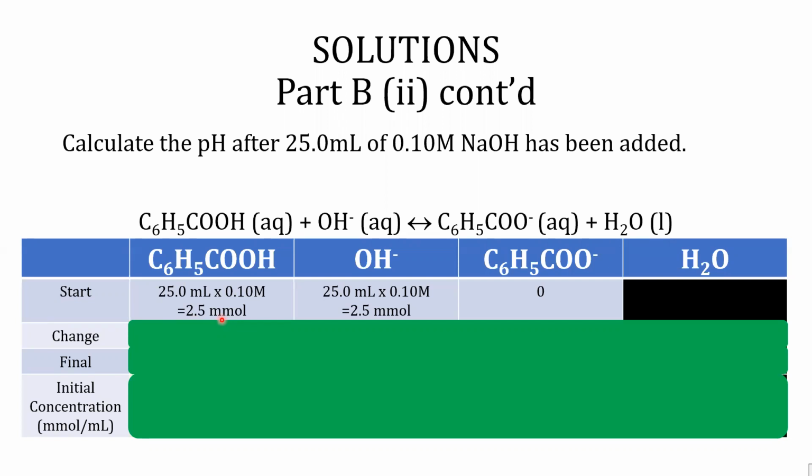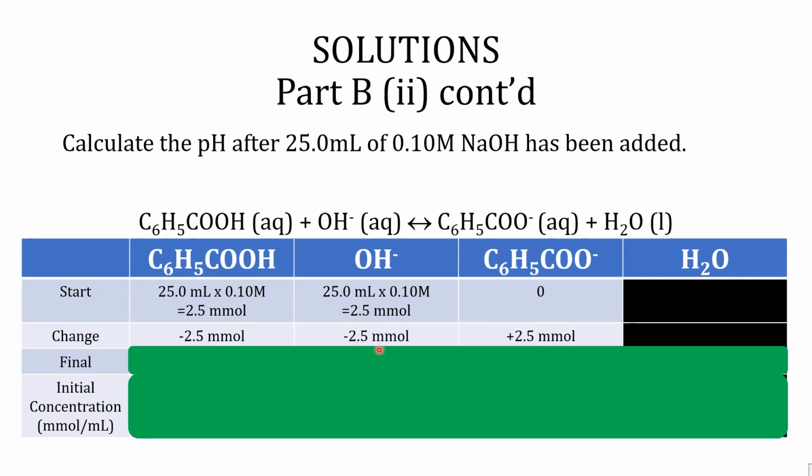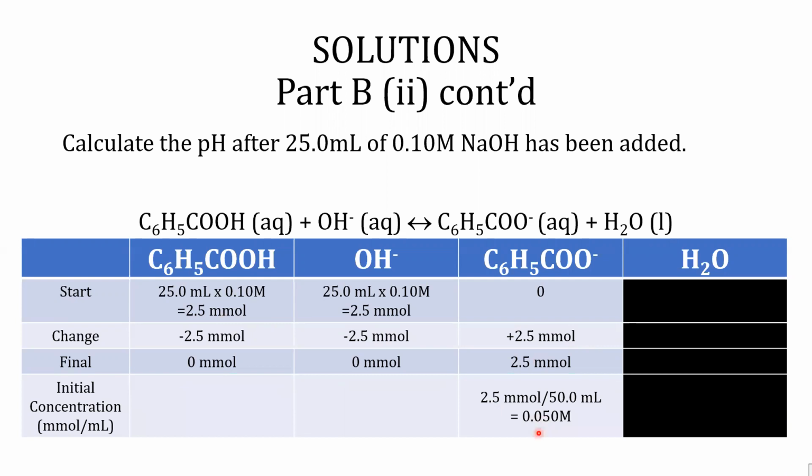The amounts of C6H5COOH and OH minus are both limiting reagents, so after subtracting 2.5 millimoles from both substances and adding 2.5 millimoles to C6H5COO minus, the result is a final amount of 2.5 millimoles for C6H5COO minus. The molarity of C6H5COO minus is 0.050 molar.